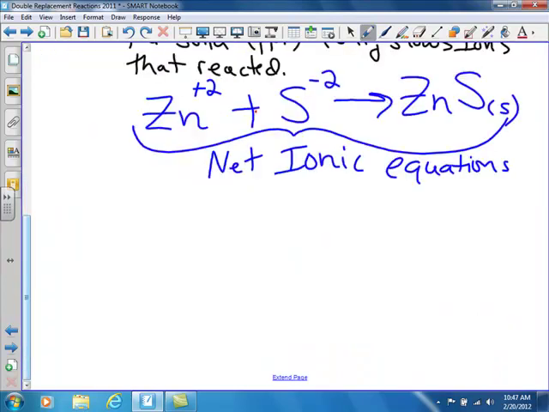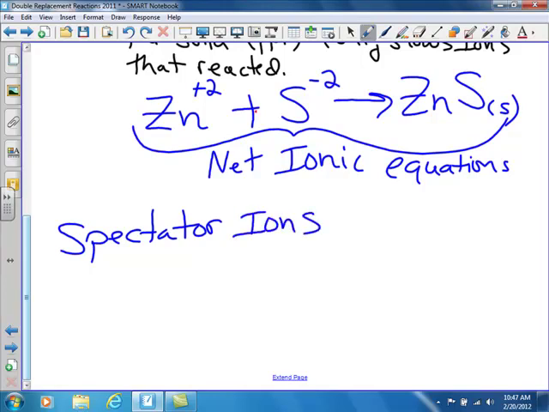Now I have one more definition to give you here, and that definition is called spectator ions. Now, what do spectators do? Well, spectators at sports events just watch. They don't participate in the actual event. Well, spectator ions are the exact same thing.